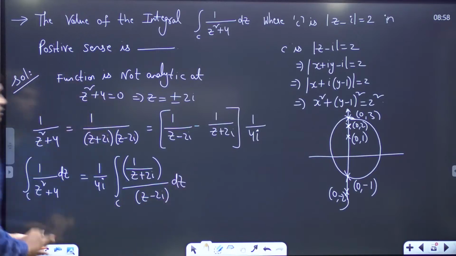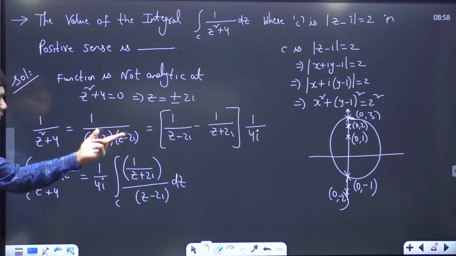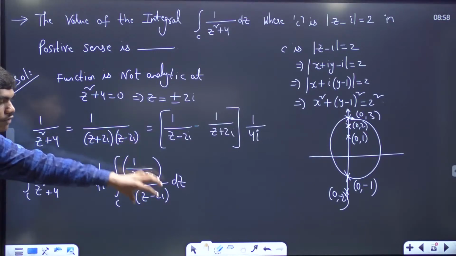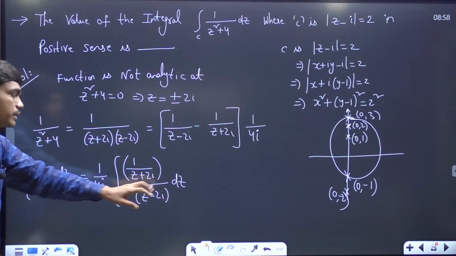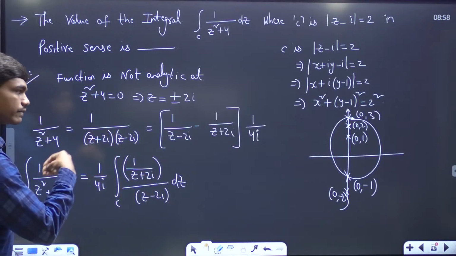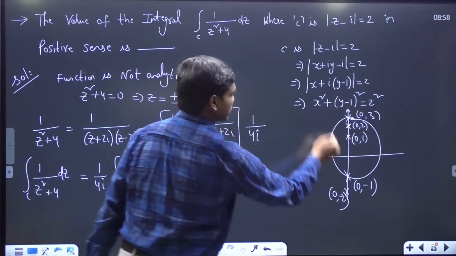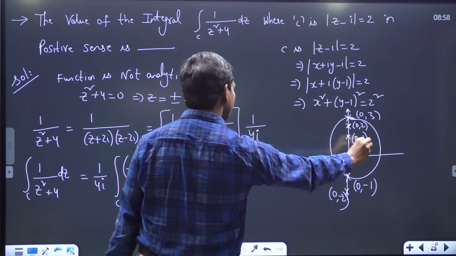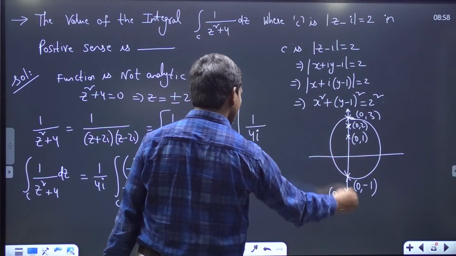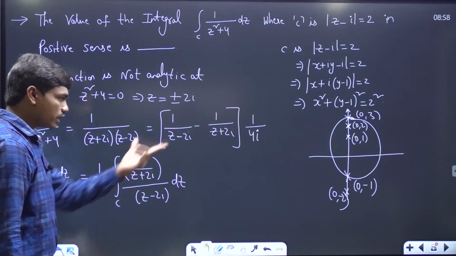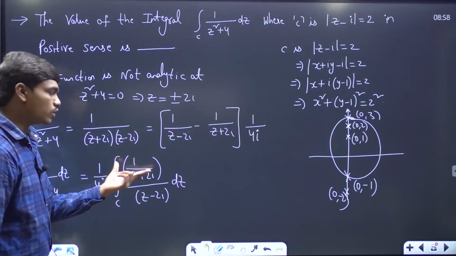Can we write this function like this? This can be written as 1 by z plus 2i as numerator and z minus 2i as denominator, because this function is continuous and differentiable at every point within this circle, within this path, correct? Because for the function to be not analytic, you should have minus 2i within this path C. But at any point within this path, this function is analytic, so no issues.